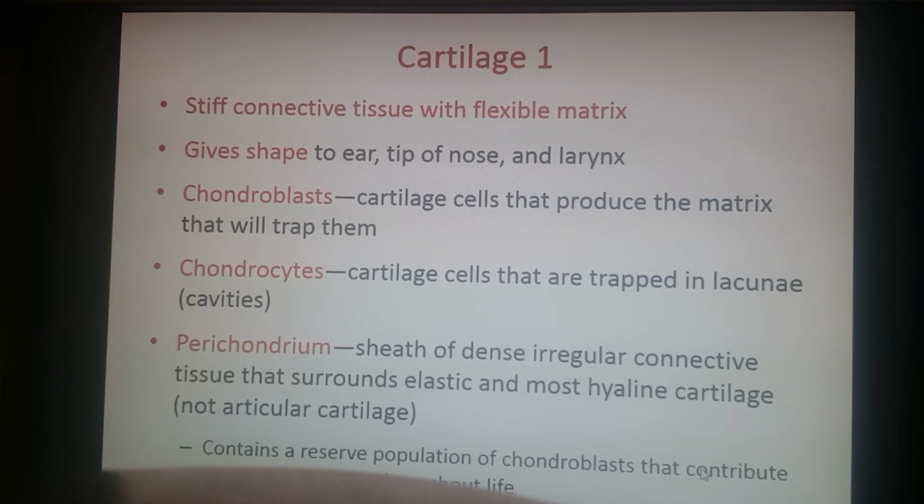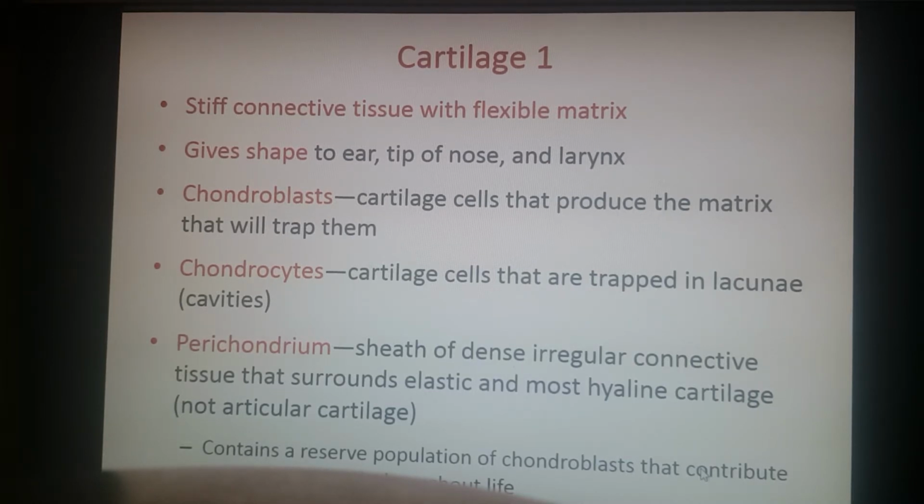So here we have a specialized type of fibroblast called a chondroblast. Our blast cells are our builder cells, and these cells will produce part of the matrix, the ground substance and the fibers, to create the cartilage.